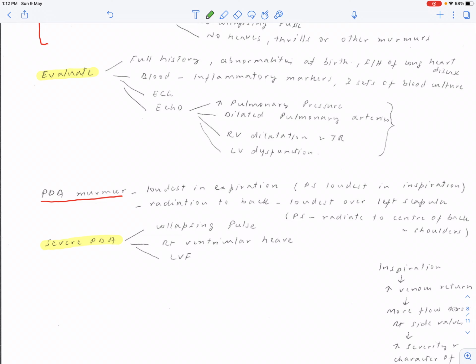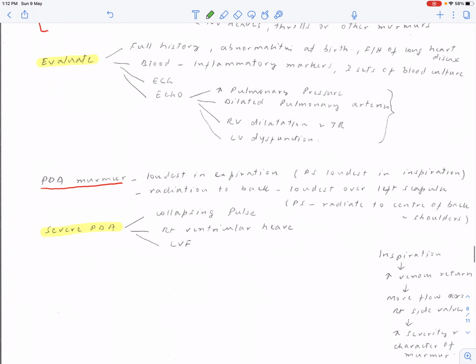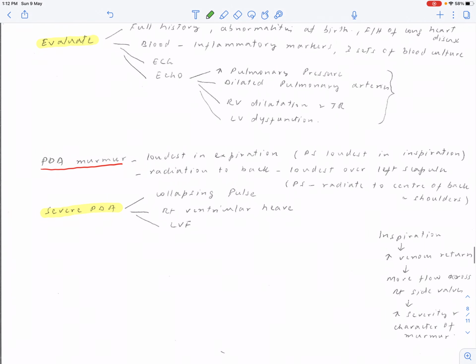The murmur of the PDA tends to radiate to the back and is loudest over the left scapula. The pulmonary stenosis murmur usually radiates to the shoulders. So these are the 2 points which you must mention.